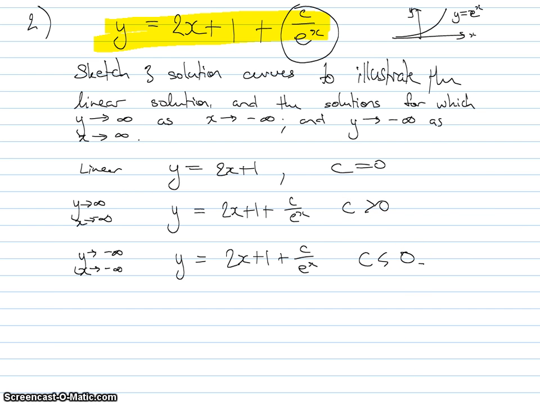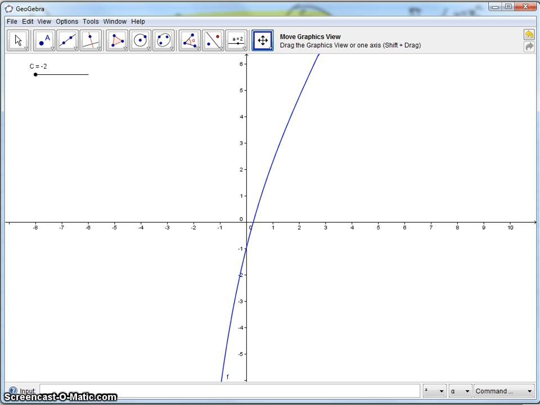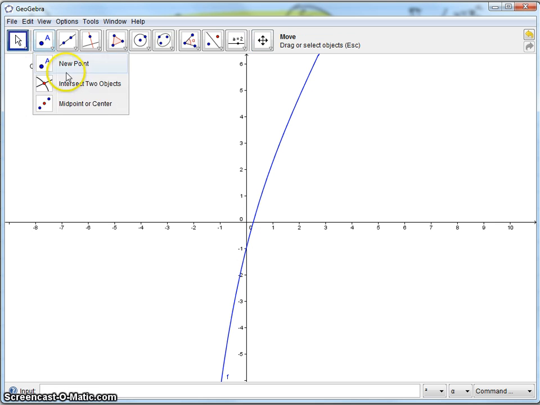And we can see these three behaviors demonstrated on a GeoGebra worksheet. Here is the curve with the equation y is equal to 2x plus 1 plus c over e to the x. So we can see, when c is negative 2, so c is negative, it tends down towards negative infinity as x goes further in the negative direction.